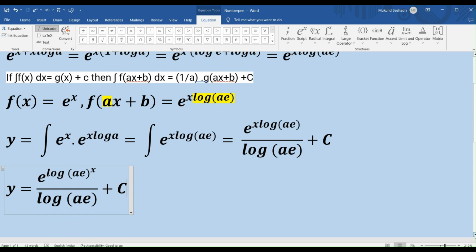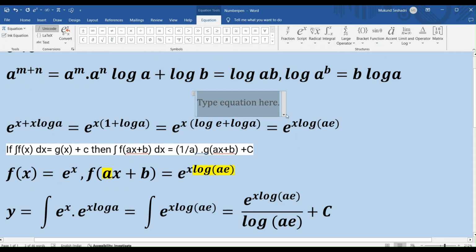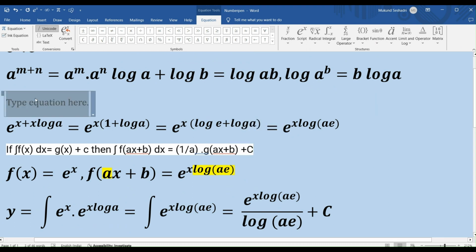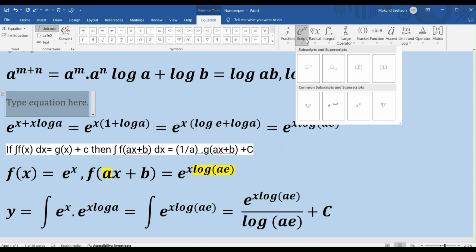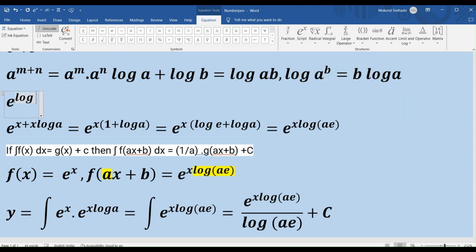So now, can I further simplify this? The answer is yes, right? Why is that? I'm going to write that particular identity for you in the next line. e to the power log x is nothing but x, right? Now, I'm not going to spend time trying to prove this.